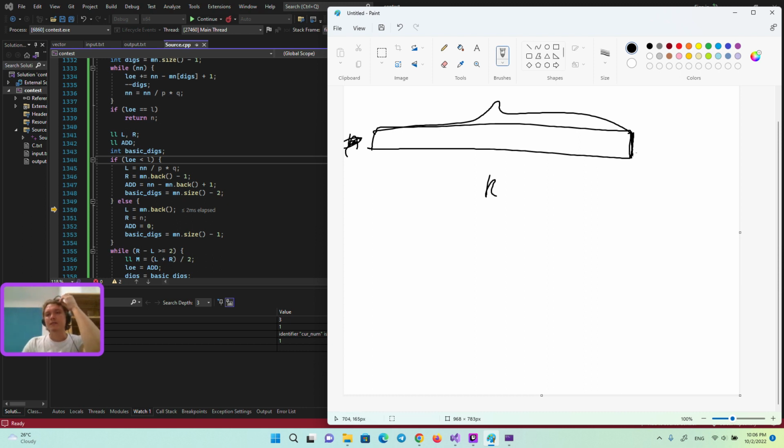So we try it, and if it is too big, then we slide to the previous number.